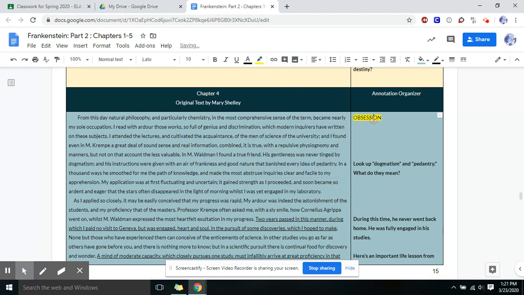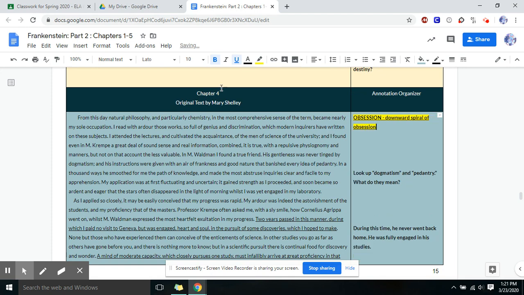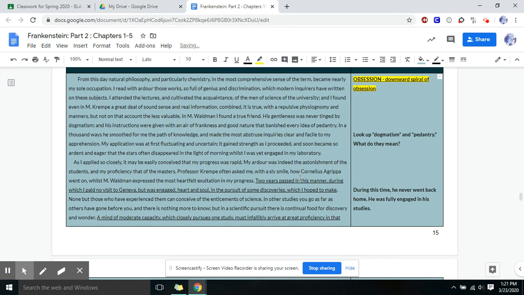You can highlight it, bold it, or underline it. This is really the part where obsession comes into play. We're going to see Victor go down this spiral of obsession in this chapter and as we move forward in the text.